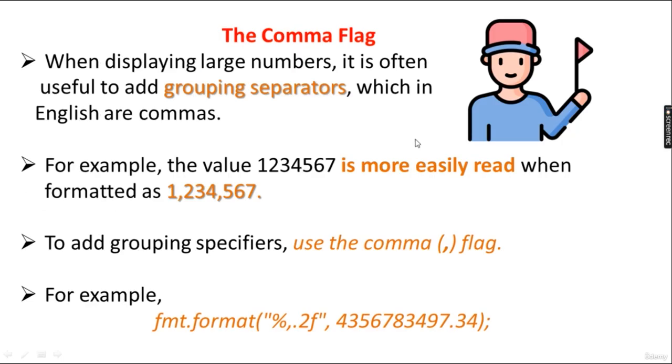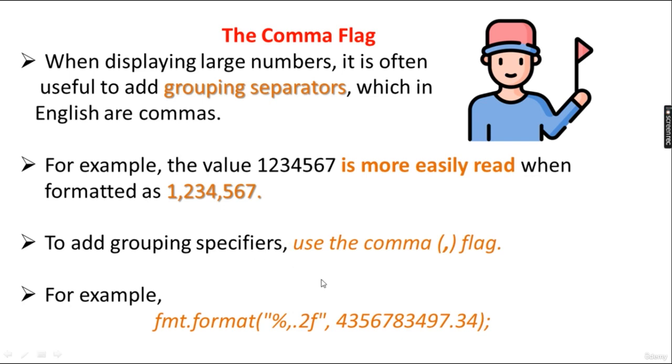Then the comma flag. When displaying large numbers, it is often useful to add grouping separators, which in English are commas. Grouping separators help you understand the value better. For example, 1234567 is more easily read as 1,234,567.